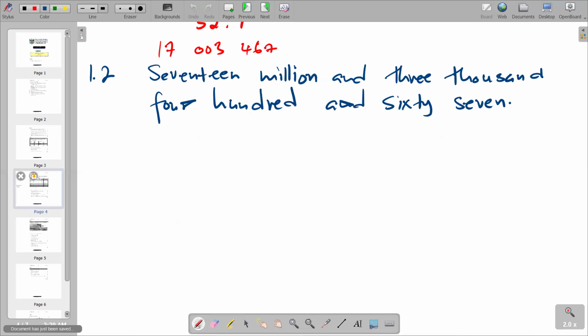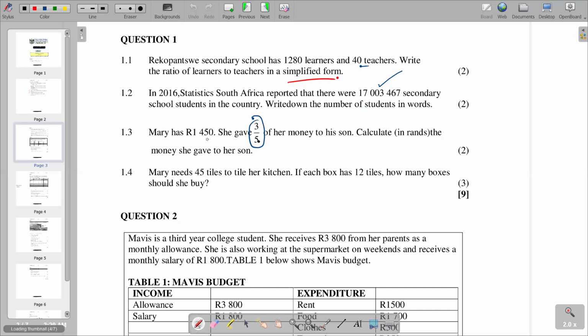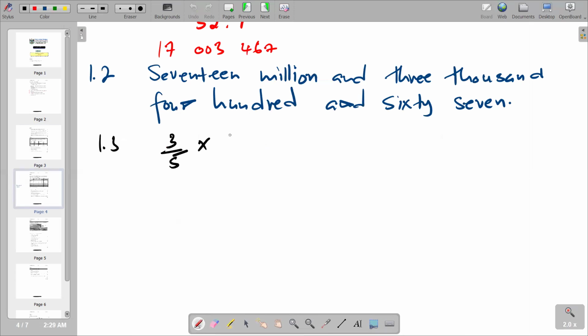So we are saying 1.3, whereby we have 3/5 times 1,450 rands. So we calculate as such, and you see that the answer that we get is 870 rands. So this is the amount given to the son.